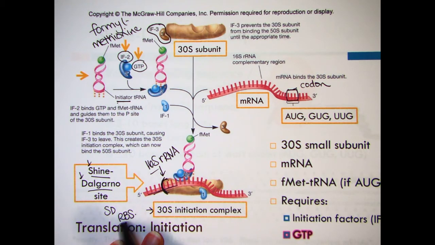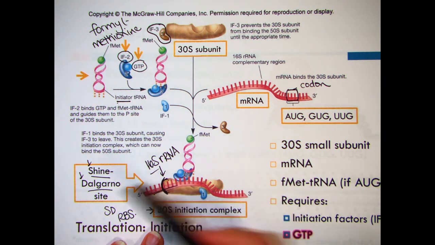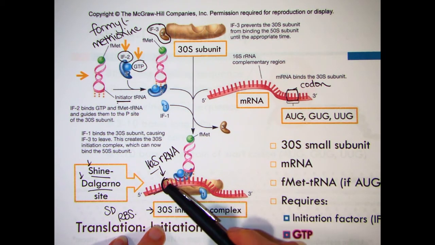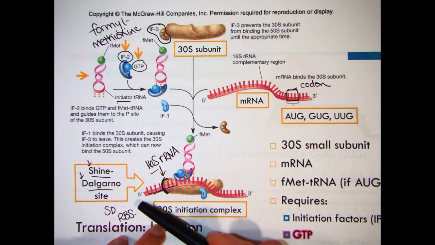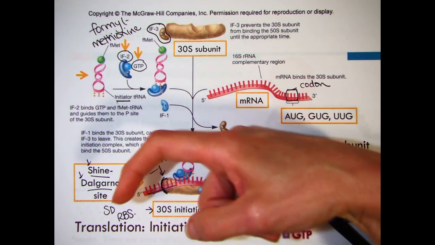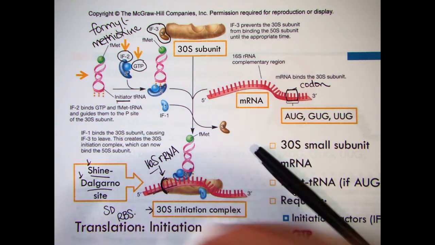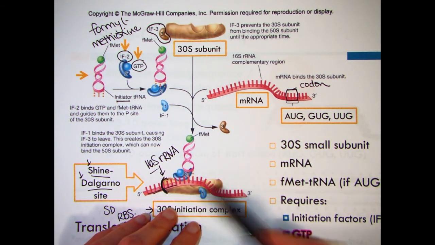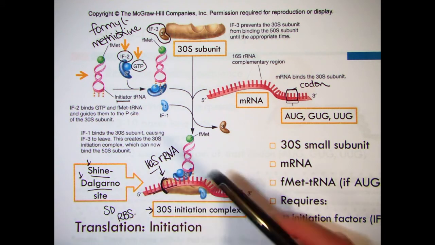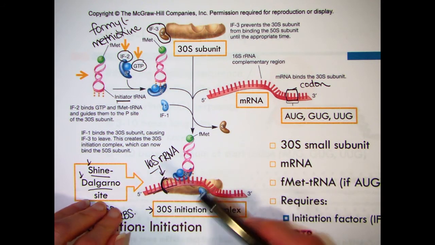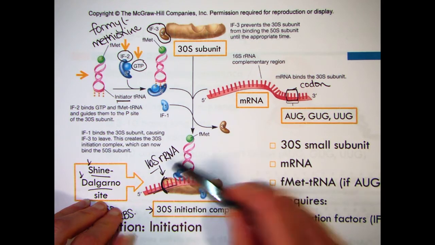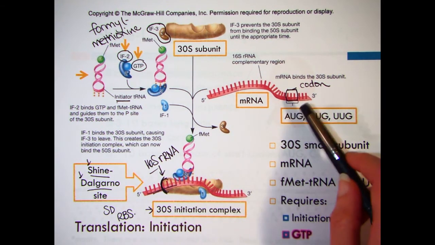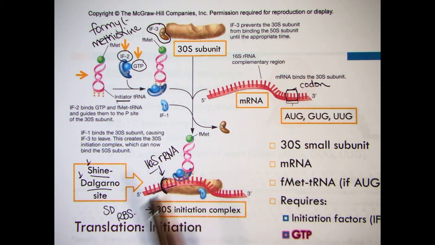So the ribosome binding site, also called the Shine-Dalgarno site, is a piece upstream or ahead of the start codon, and this is actually what is going to wrap around, attached to the 16S ribosomal RNA in the small subunit, and it is this interaction between the Shine-Dalgarno site and the small subunit that positions the start codon in the right place to be the first codon.